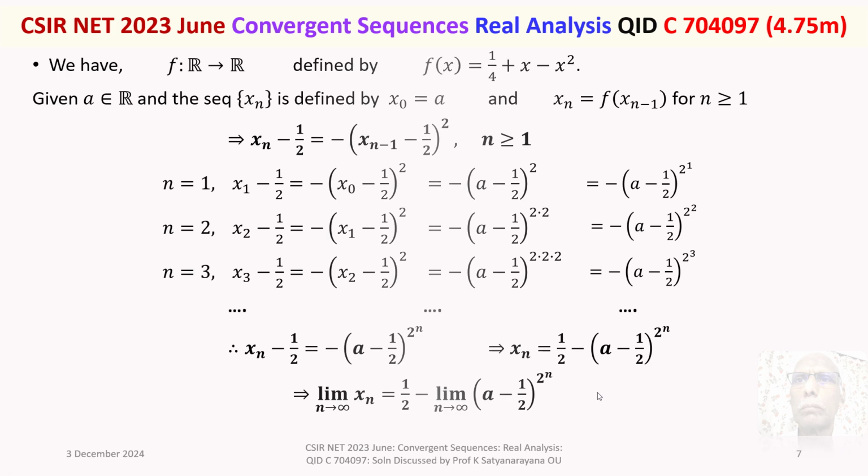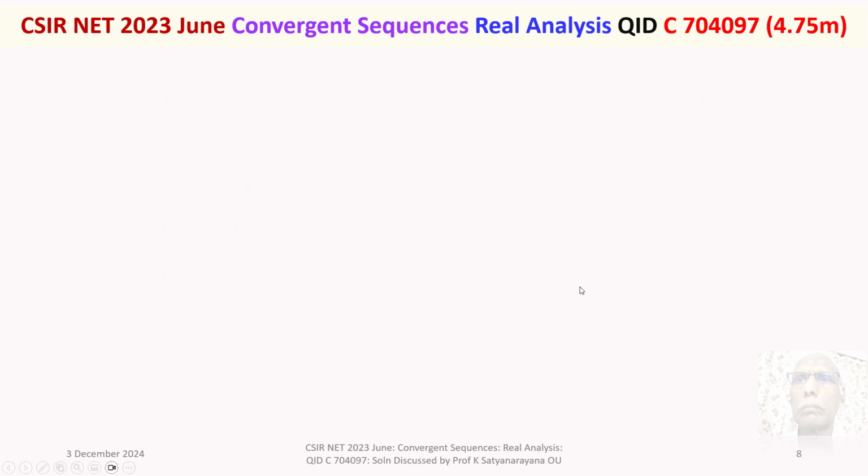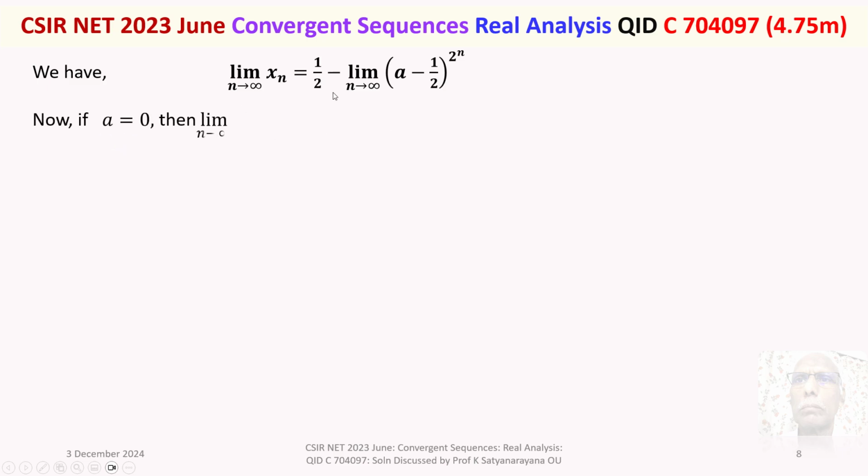We continue in the next slide. We have this one. Now, if a is equal to 0, then the limit n tends to infinity of xn is equal to 1 by 2 minus limit n tends to infinity of (1 by 2, because a is 0) to the power of 2 power n.